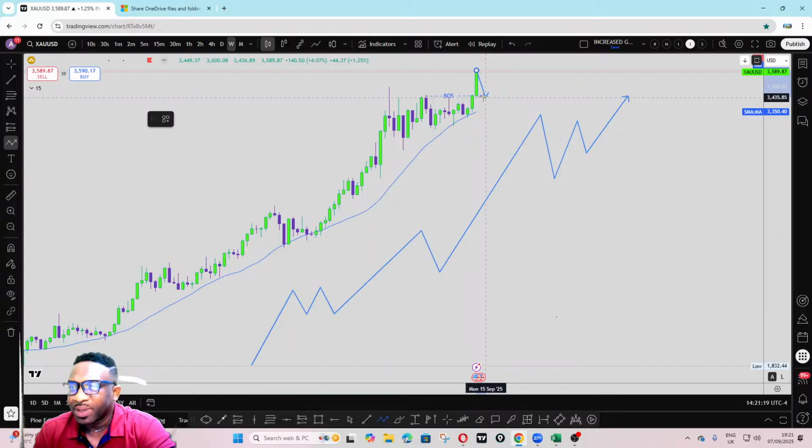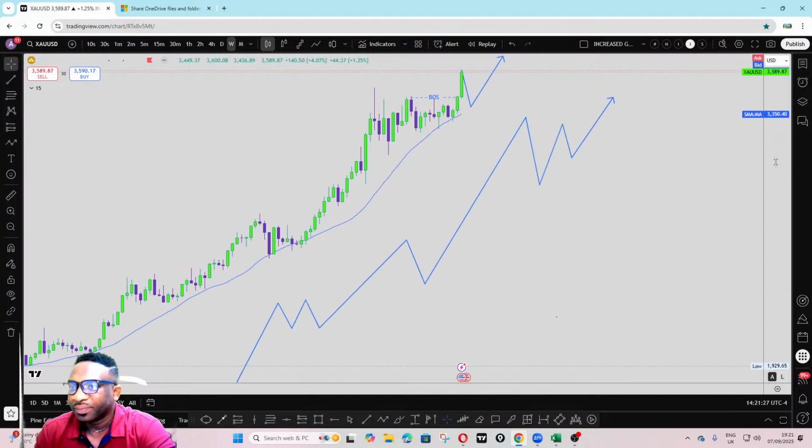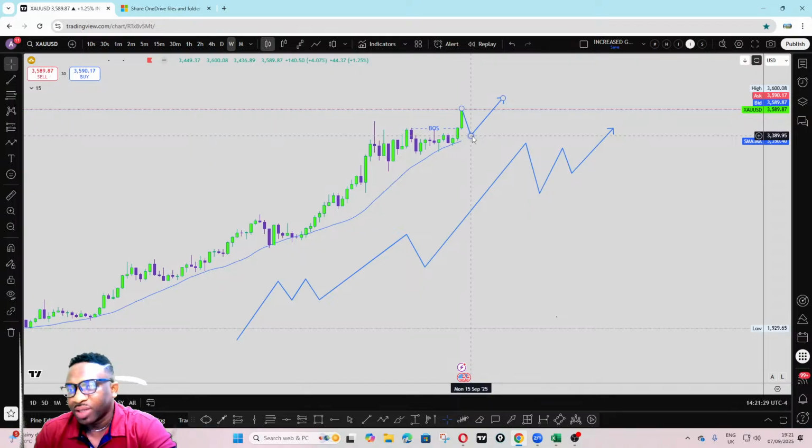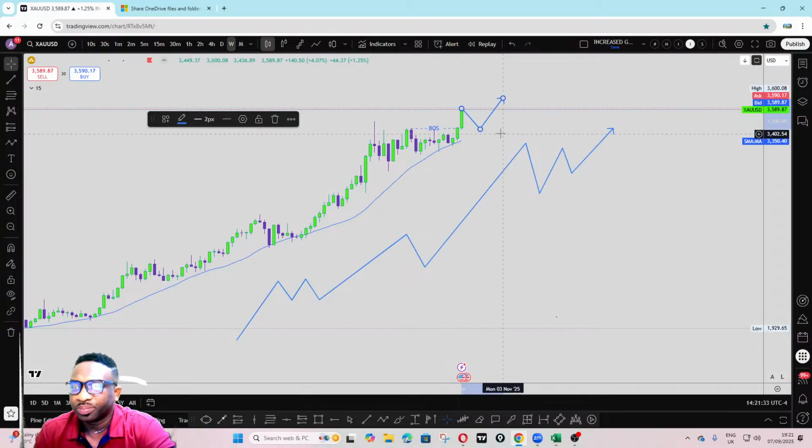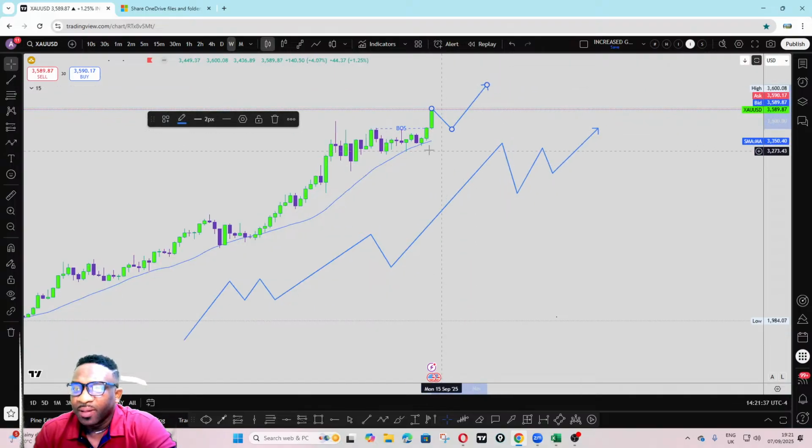So we could expect some push back to this area before price makes its way up again, or price could continue from here up, continuing the uptrend.